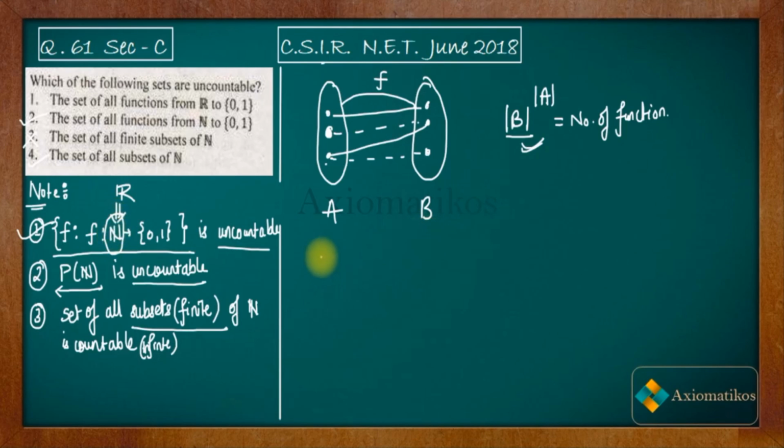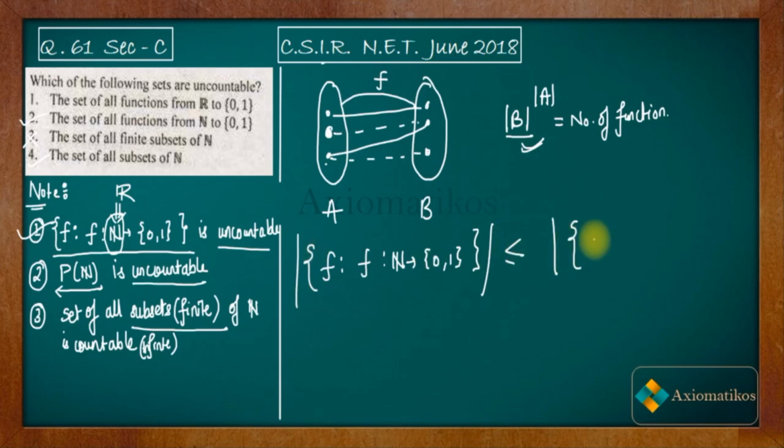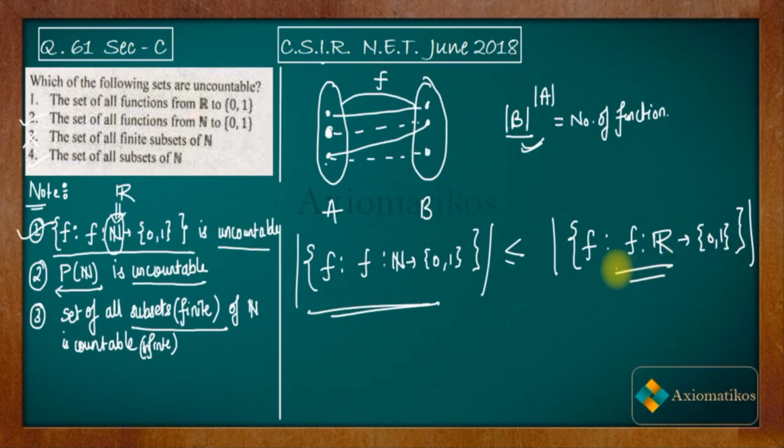That means the cardinality of the set of f such that f is a function from N to {0, 1} will always be less than or equal to the cardinality of the set of f such that f is a function from R to {0, 1}. Are you getting my point or not? Because the former was uncountable, the latter has to be uncountable. It means that the first one is also correct. So 1, 2 and 4 are the answer for this problem.